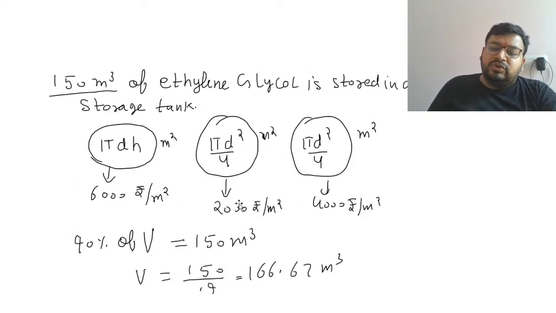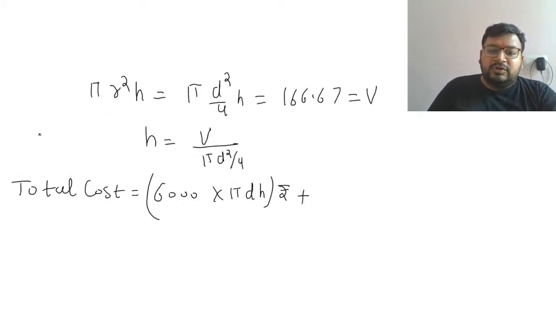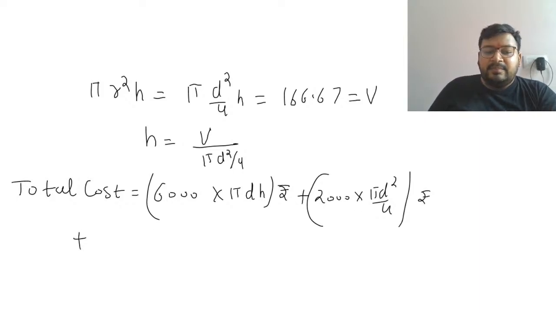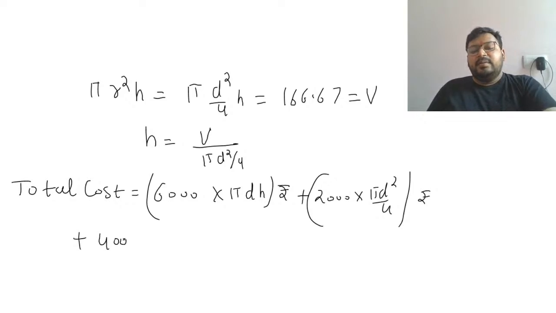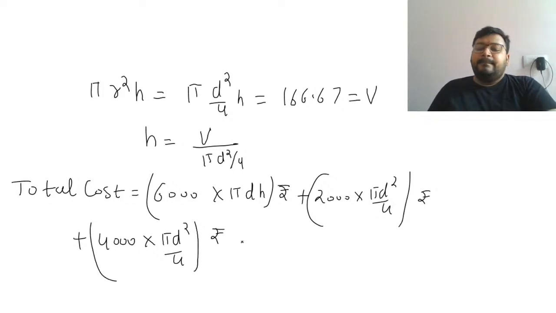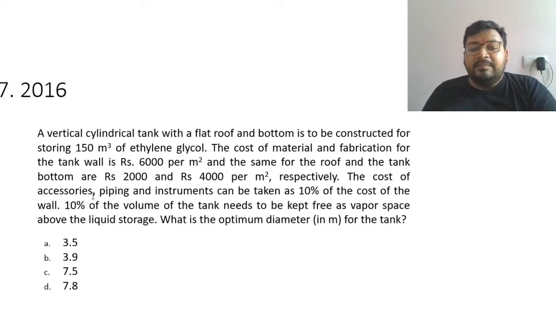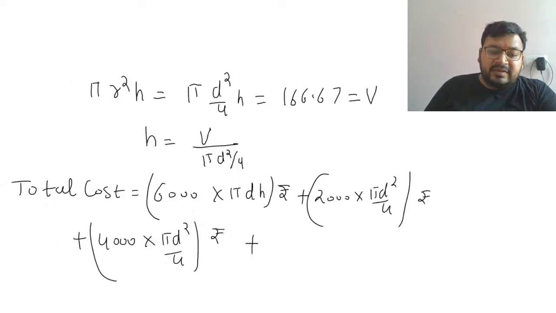Then we have 2,000 into pi d square by 4 rupees for the top roof, and 4,000 into pi d square by 4 for the bottom, plus 10% of the cost of the wall for piping, instrumentation and all the accessories.